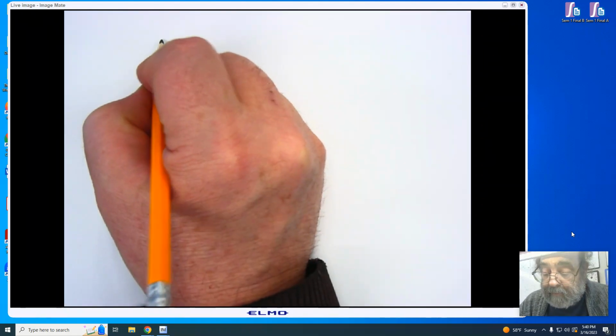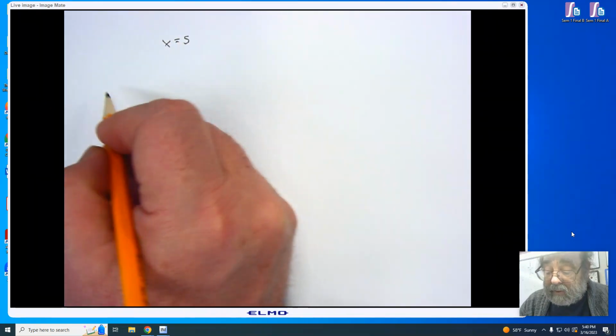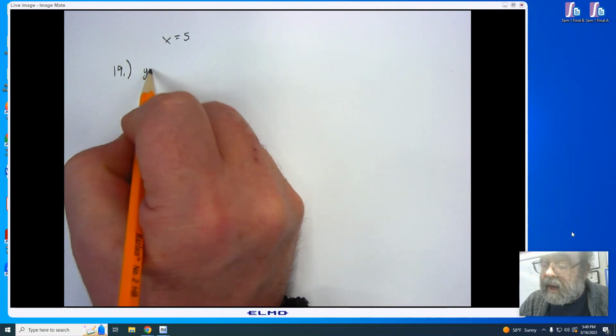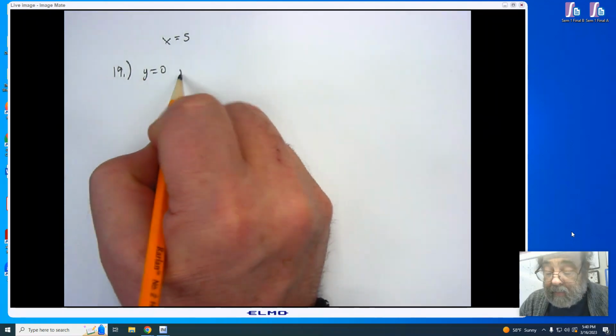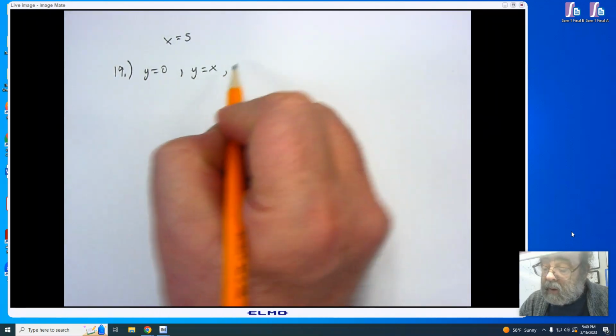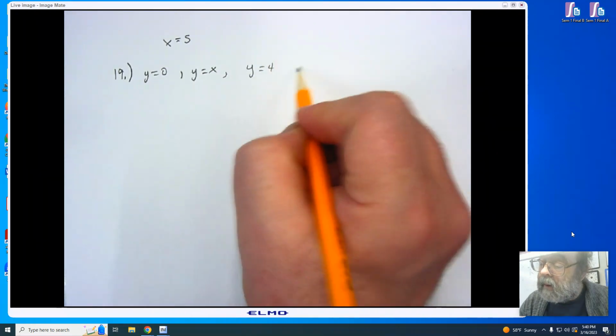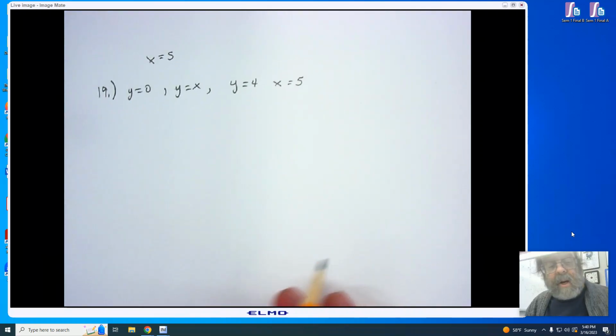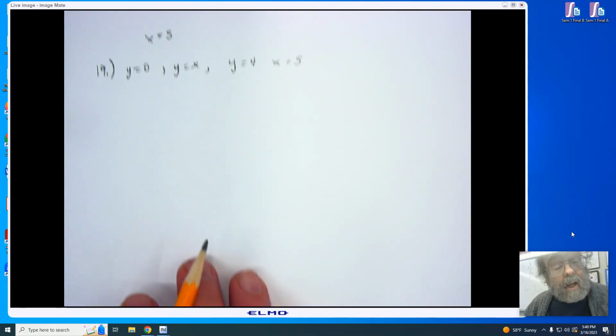The next one is 19, and we are revolving about x equals 5. So it's got a vertical axis of rotation this time. We're looking at y equals 0, y equals x, y equals 4, and x equals 5. Alrighty, so we're going to try to graph this.